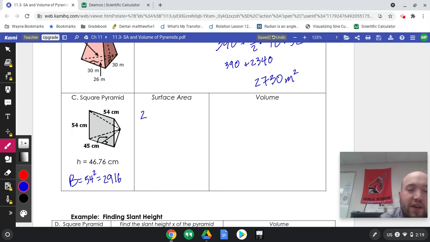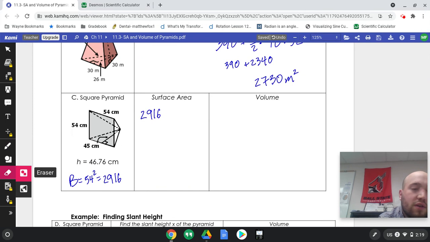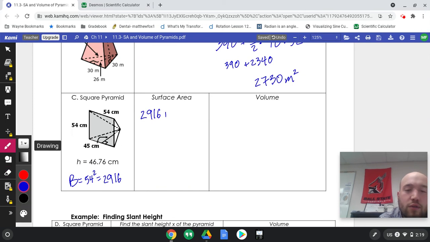So we take that value, and we're going to add that. That takes care of the bottom. Now we need the triangles. Oops, I don't need that squared. So we're going to add 1/2 times the perimeter. Well, there's 4 sides that are each 54, so 54 times 4, that gives us 216, and then times our slant height, which as you can see there is 45.